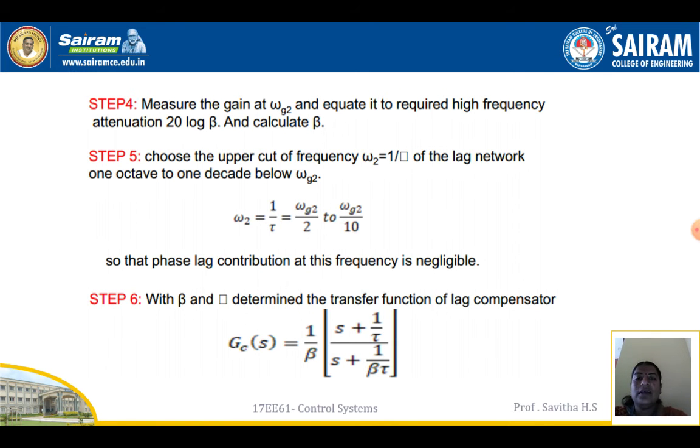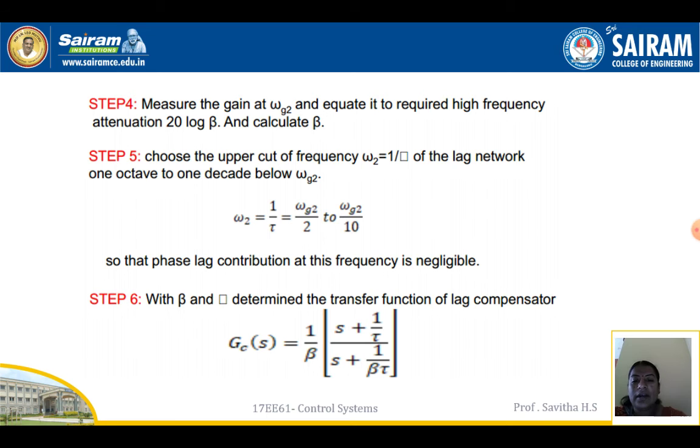Step 4. Measure the gain at omega g2 and equate it to the required high frequency attenuation 20 log beta, and calculate beta. Choose the upper cutoff frequency omega 2 of the lag network one octave to one decade below omega g2, that is, omega 2 is equal to omega g2 by 2 to omega g2 by 10, so that the phase lag contribution at this frequency is negligible.